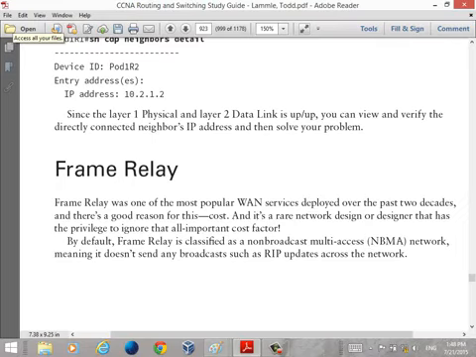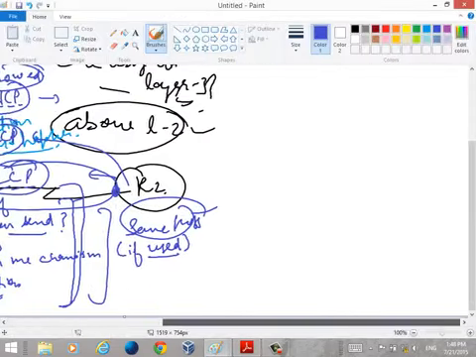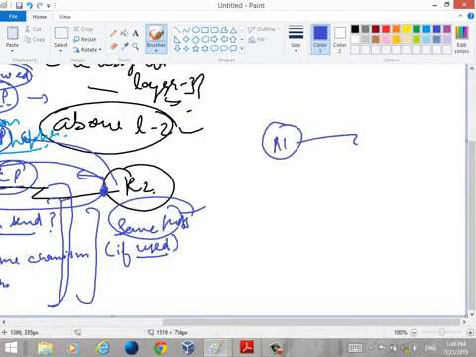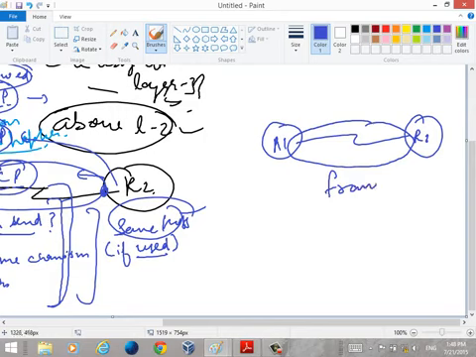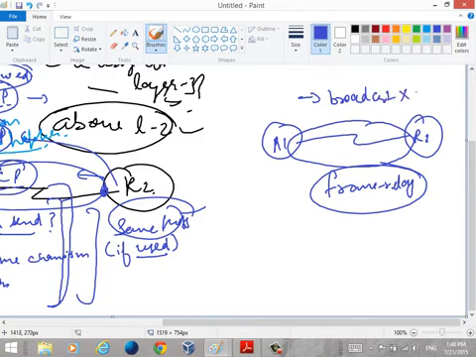By default, broadcast and multicast are not allowed. If this is R1, connected to R2 over the frame relay service, on this link broadcast plus multicast are not allowed. Any problem?